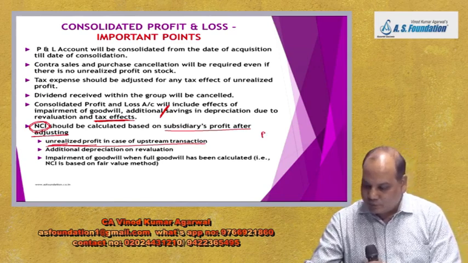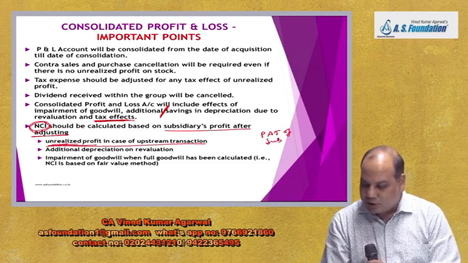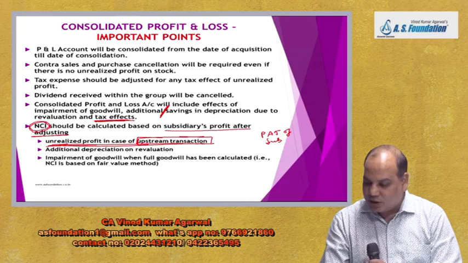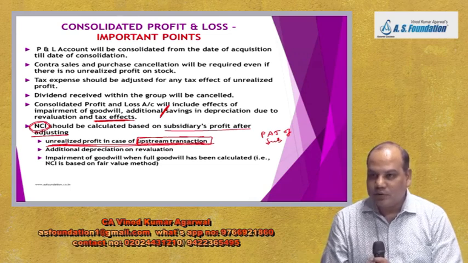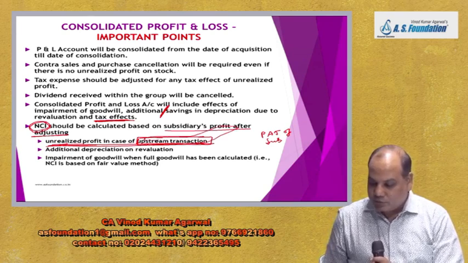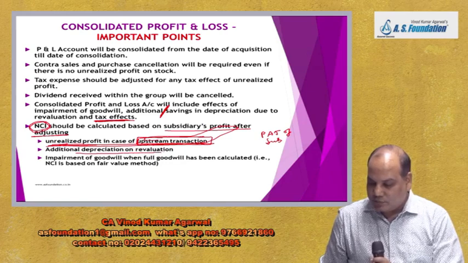So you can take the profit after tax of subsidiary given in the question and make adjustment for unrealized profit, because in upstream the NCI will have to share that amount. Make adjustment for additional depreciation or saving in depreciation on revaluation.